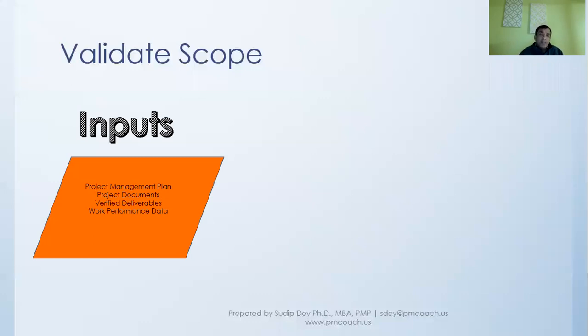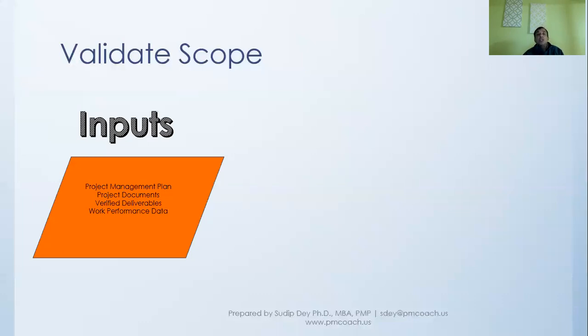Now, what we really mean by verified deliverable is this: validate scope, first of all, is the validation of the scope by the end user, by our stakeholders. But before we give it to them, we would have done the validation or quality control or testing on our side. And once we have done that, we are ready to give it to them.